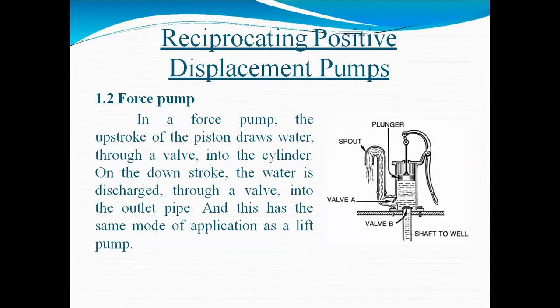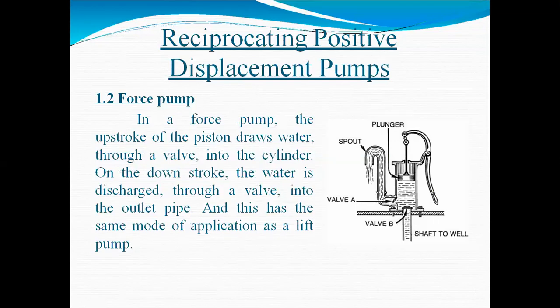Then force pump. So in case of force pump, the upstroke of the piston draws water through the inlet valve, and once we start moving the piston in the downward direction, it will discharge this water towards the discharge port.